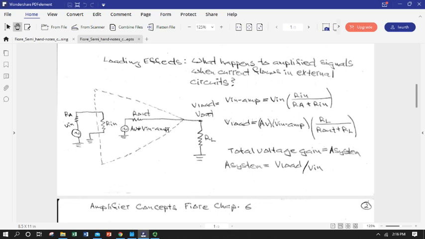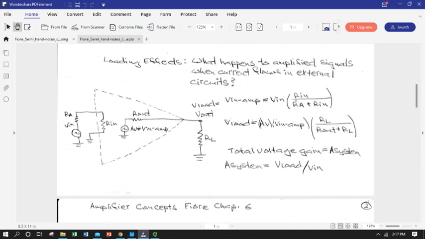So that's what Vin amp means. And that's actually only a portion of Vn dictated by our input voltage ratio, voltage divider. Now here's where having a high input impedance is our friend. If Rn, like the input impedance to the amplifier, is really big, like 10 megaohms or more, chances are it's going to be much bigger than Ra, whatever the series resistance is of our input signal device.